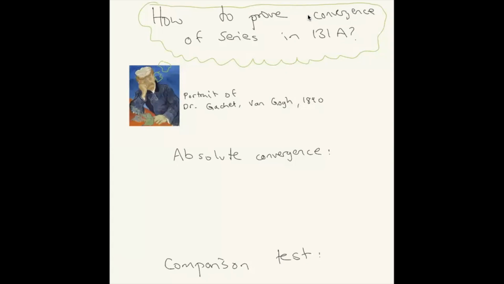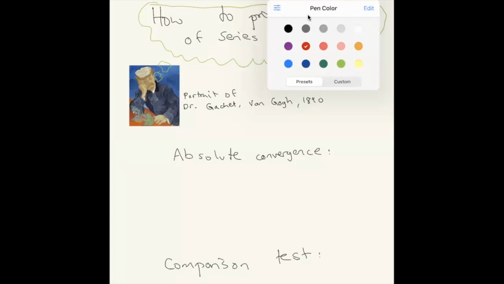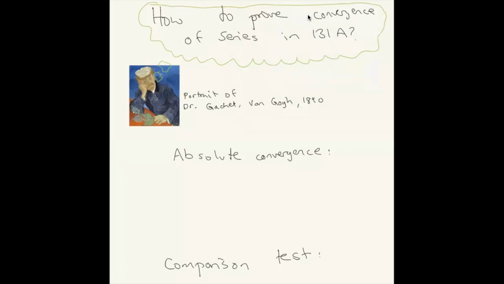This is crude, and you might want to apply other tests, but what does the absolute convergence test say? If you take the series of absolute values of some numbers, and that series of absolute values converges, i.e., this is a positive series, so the sequence of partial sums is increasing.